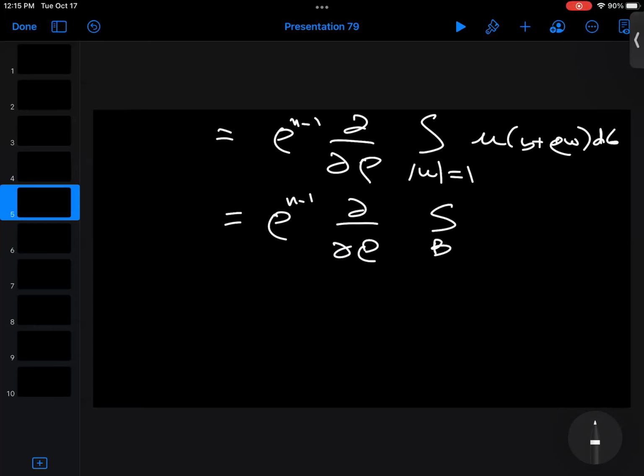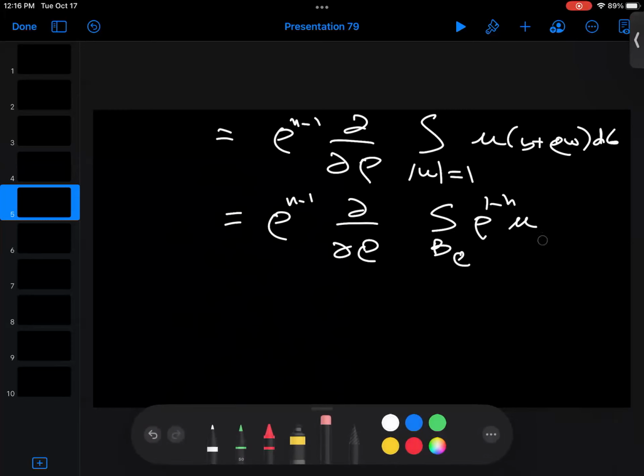So I will get here a factor rho to the minus n, and here it's just writing q. And it's the border. Okay, but this is 0, right? This is 0.